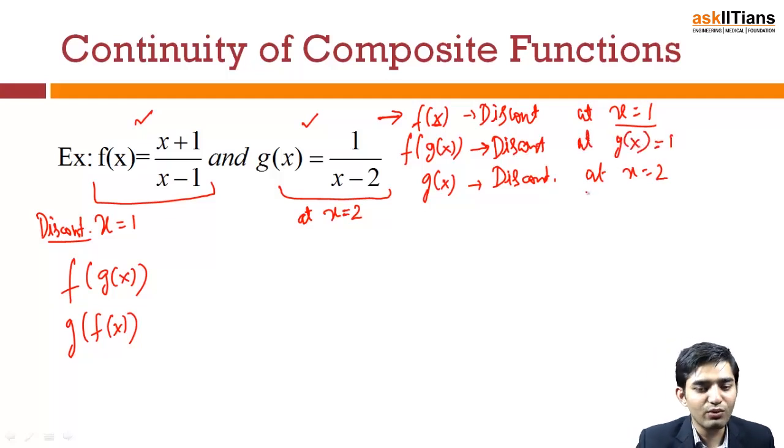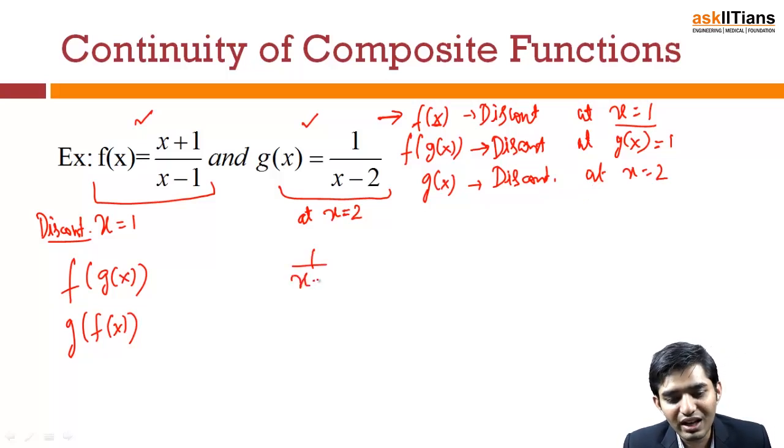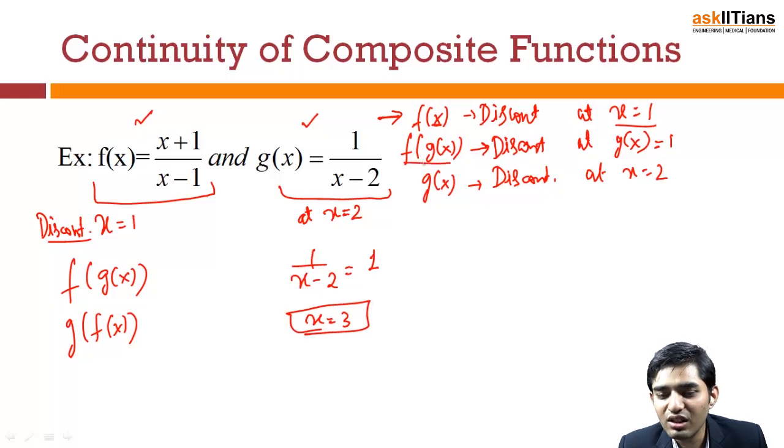Where g(x) becomes equal to 1, there this point will be discontinuous. And g(x) will become 1 at what value of x? g(x) is 1 by (x - 2), and this becomes equal to 1. So from here you will get x equal to 3. So f(g(x)) will be discontinuous at x equal to 3.